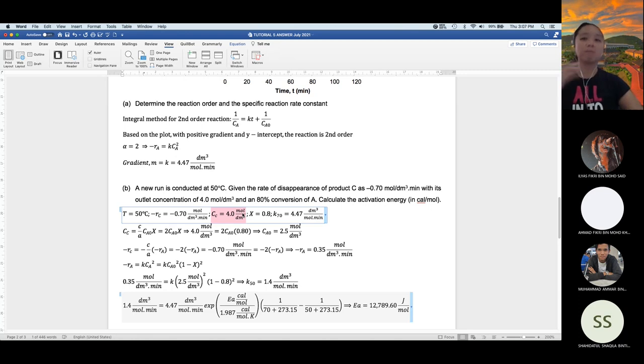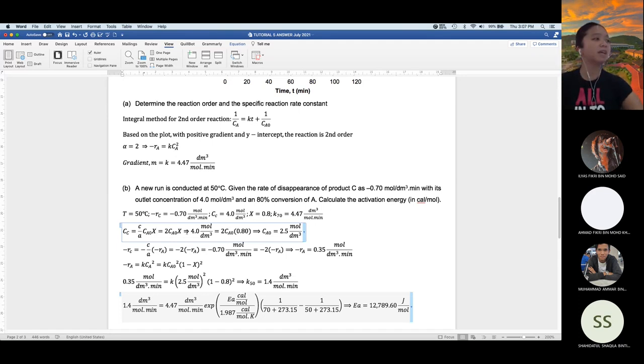Okay, so tapi kamu pernah belajar dalam chapter 3, there is a correlation. Kalau kamu masih ingatlah. CC, concentration of product C sama dengan, again, C per A, CA0 X. Okay, maksudnya, instead of cari CA, saya cari CA0 sebab CA akan sama dengan CA0 in bracket 1 minus X. So daripada CC saya dapat CA0, daripada CA0 saya boleh cari CA.